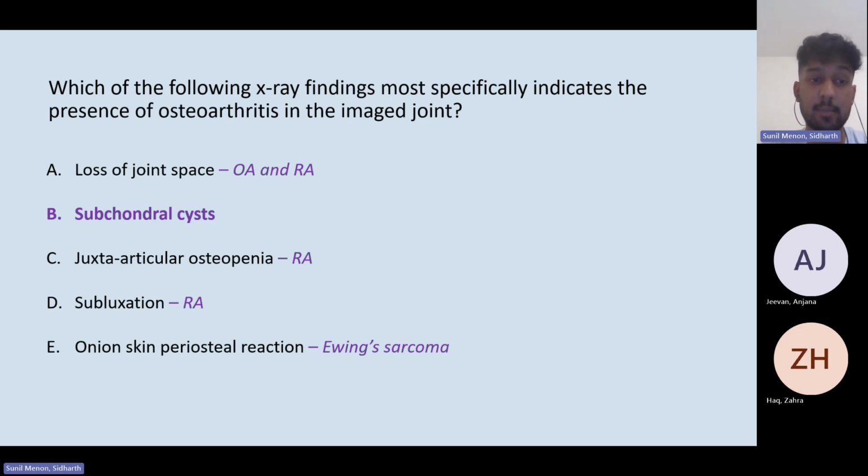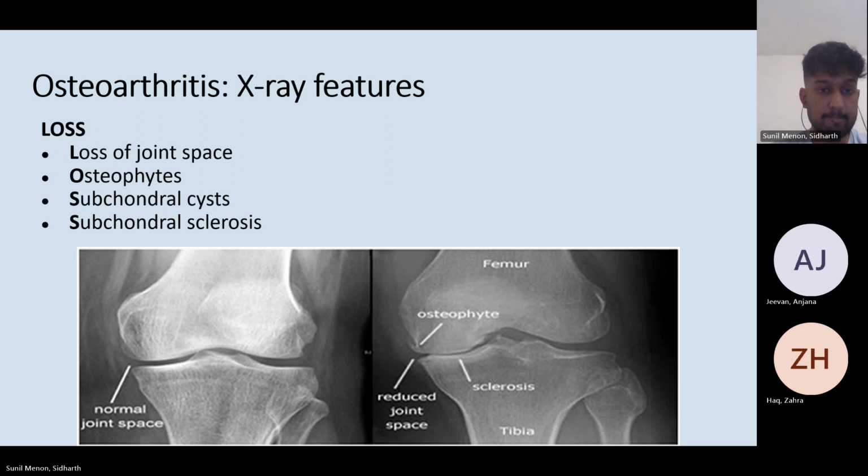Question 5 is a bone cancer, which of course there are many different types. We don't have time to cover them in detail, but onion skin, remember onion skin is Ewing's. Kind of what I mentioned there. You can see the loss of joint space.